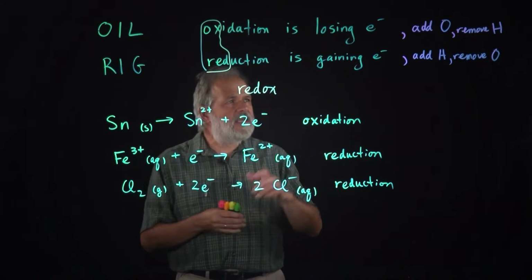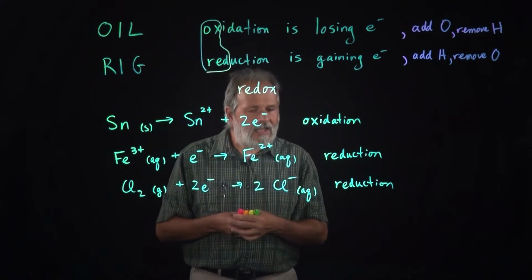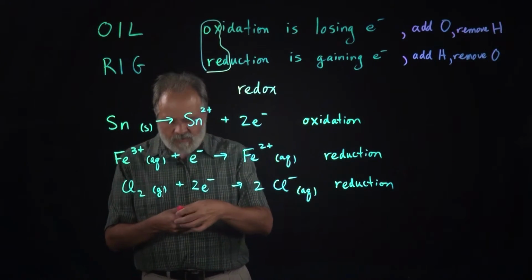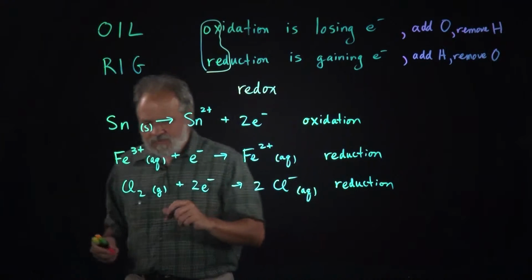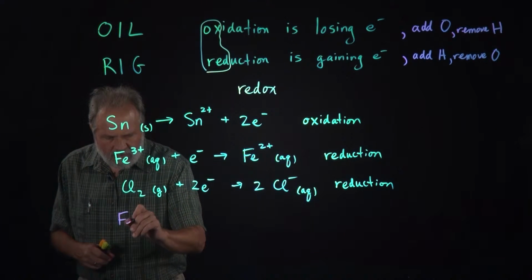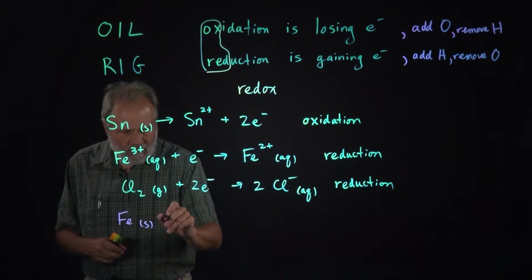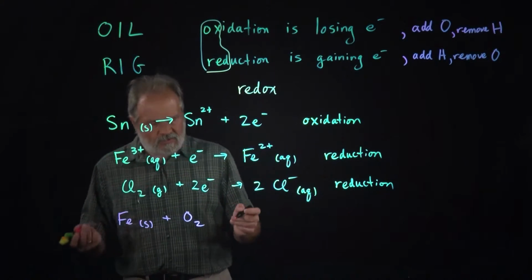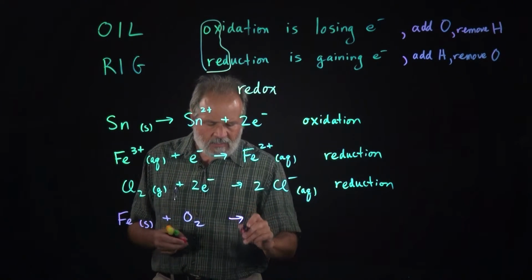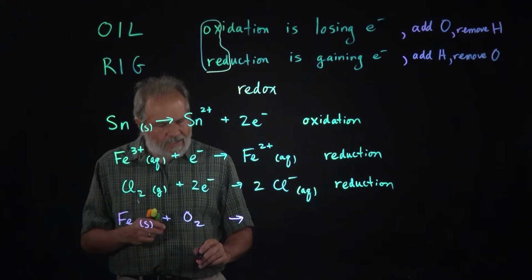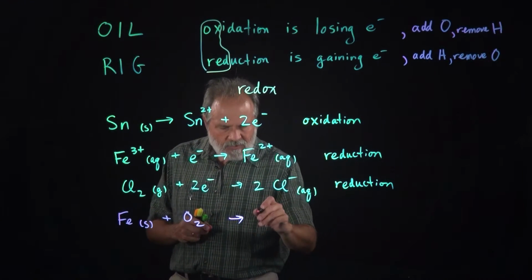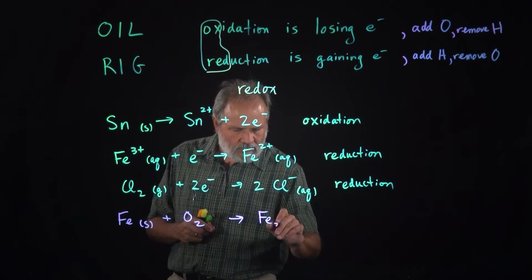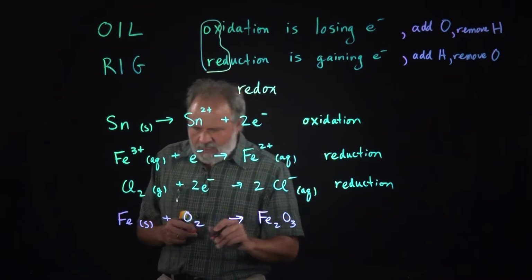Okay, so let's do some examples with adding or removing oxygen. Okay, so for example, we can take rust. So iron metal plus oxygen. Okay, and so it depends on which particular form of iron oxide we're going to use. Let's do Fe2O3, which is iron 3.